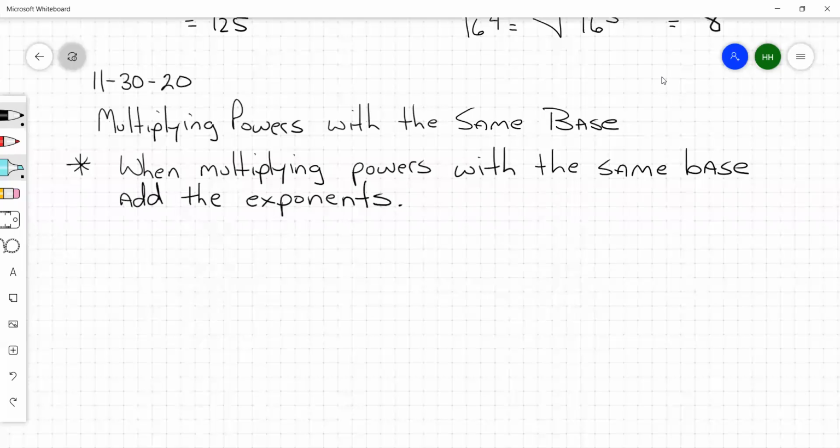What that means is if you have a to the n times a to the m, that's equal to a to the n plus m.